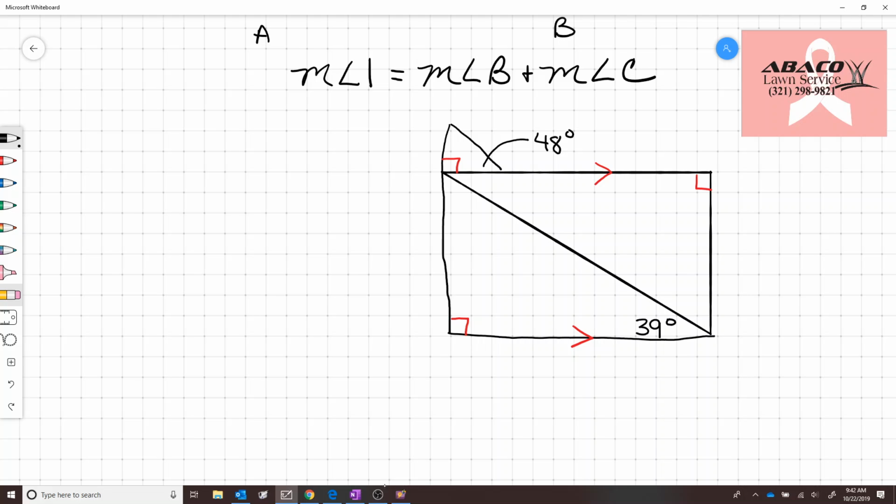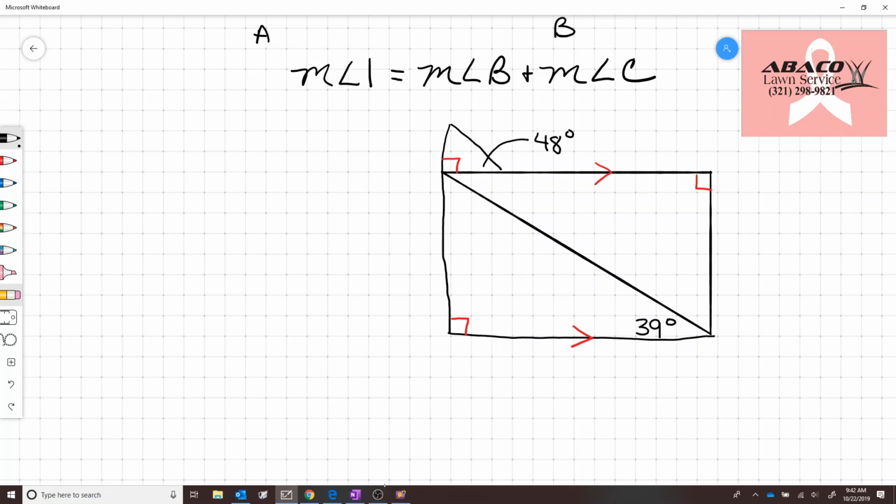Going forward, you're going to start using all the rules you've learned about linear pairs and vertical angles. In this case, since you've got some parallel lines, you're probably going to be dealing with some alternate interior angles and different things like that.